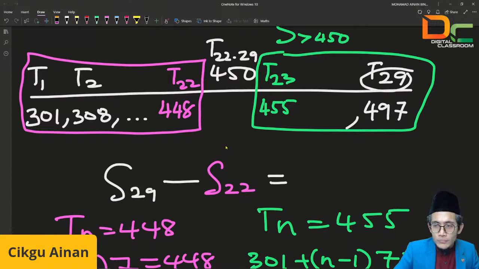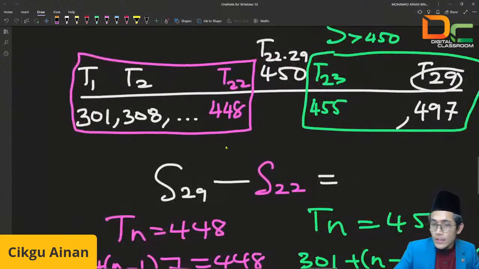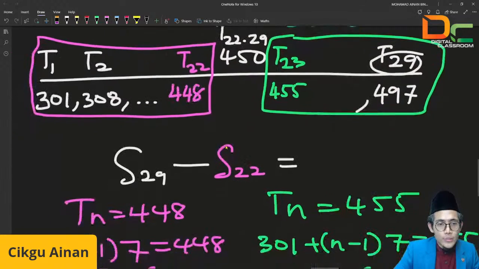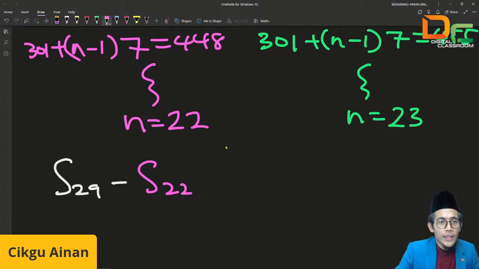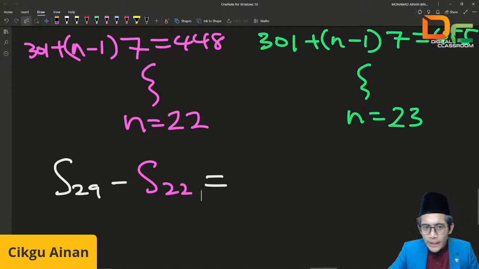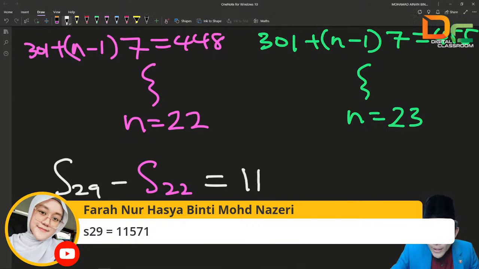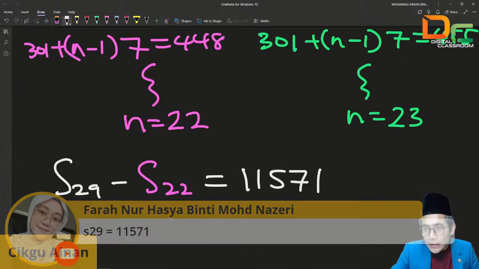Okay, so maybe some of you can calculate, yeah? S29 minus S22. I write over here. S29 minus S22. Okay? Equals berapa? S29, okay, dah dapat dah. 11571. Yang lain tak payahlah kira yang itu.